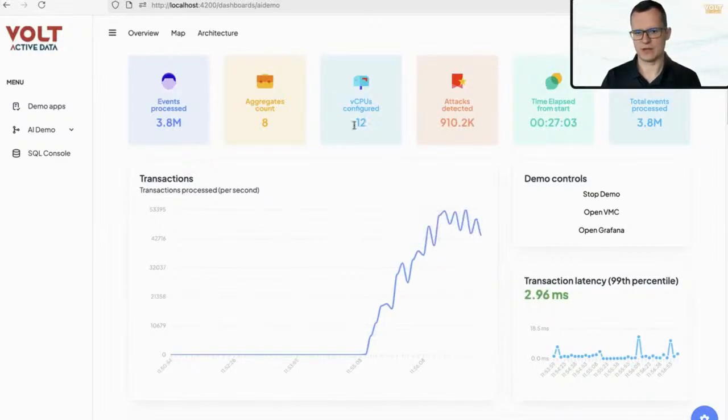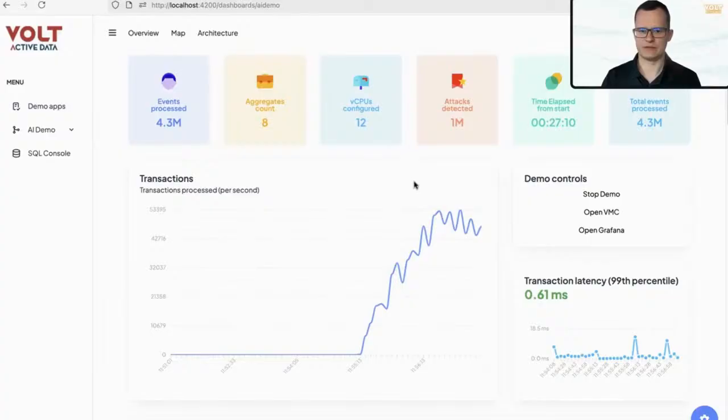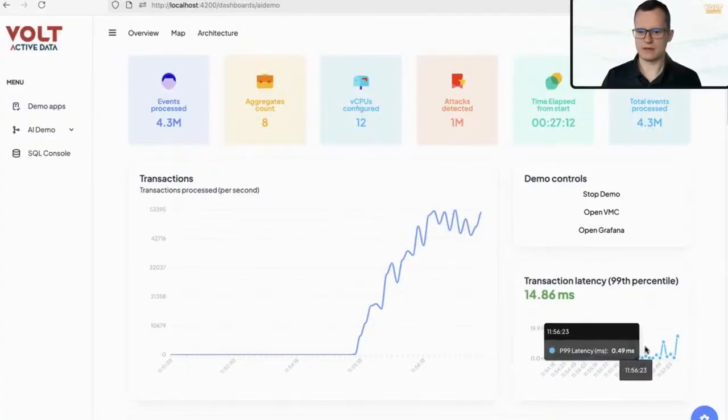This means we have around 4,000 transactions done per vCPU. And as you can see, the latency should be around 10 milliseconds.